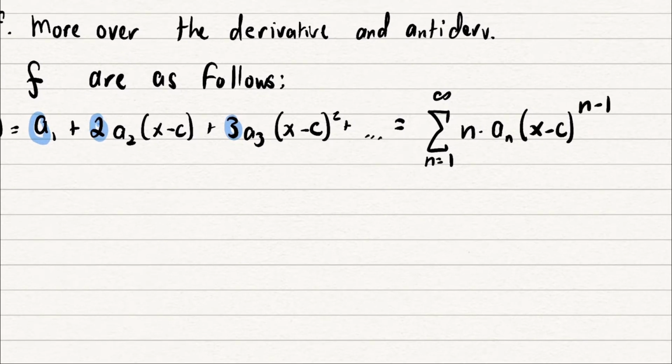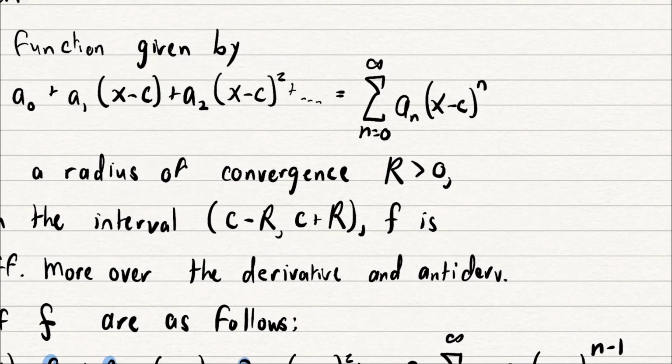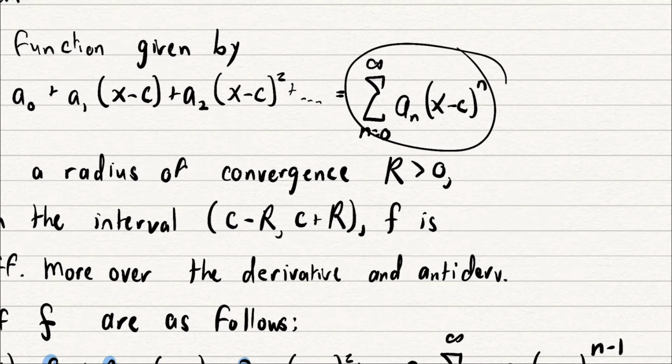So it's almost like we took the derivative of this right here. I brought down the n and then decreased the exponent by 1. But the only thing here is that this specific term is still going to be a sub n, regardless if I start at 0 or I start at 1.